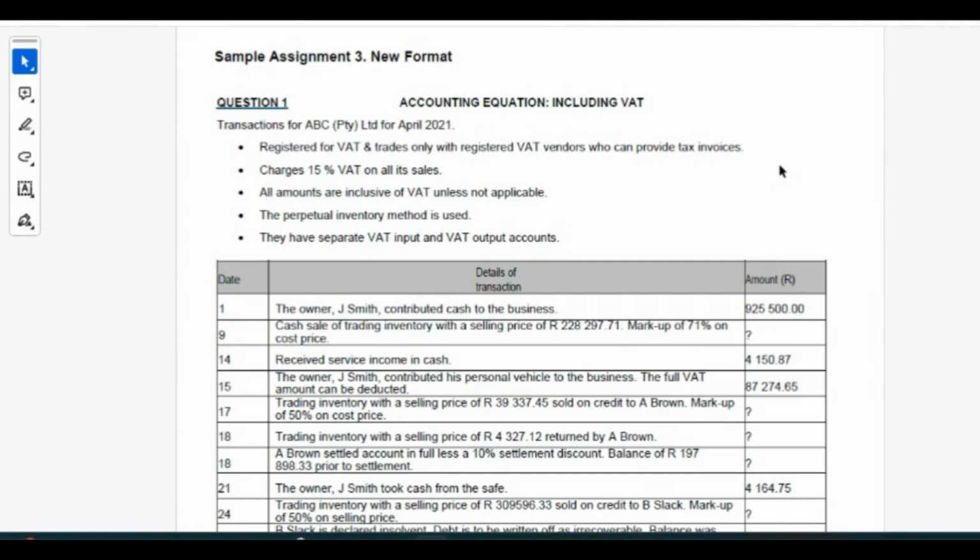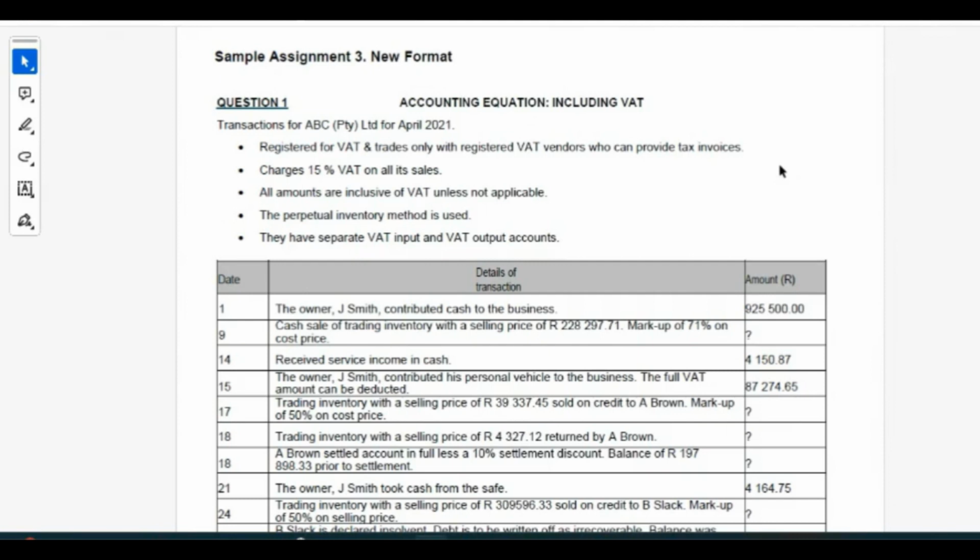I guess I could have made it 2022, but then I would have to choose February, so let's work with April 2021. Company ABC is a registered VAT vendor, trades only with other registered VAT vendors who can provide tax invoices. It charges 50% VAT on all its sales. It's telling you that all amounts are inclusive of their VAT unless not applicable.